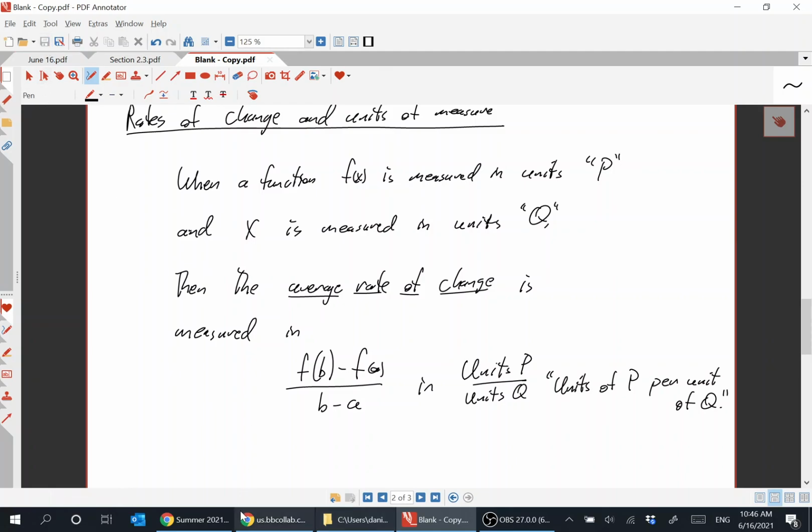So in the last 10 minutes, let's see if we can't get into section 2.5. Section 2.5 relates the ideas of section 2.4 to linear functions. So why don't we do that?